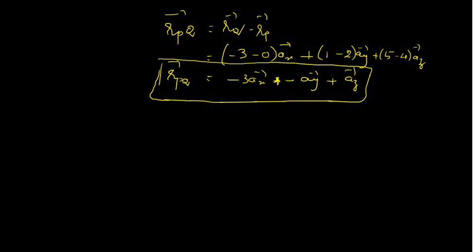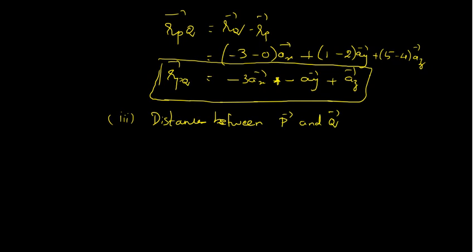So now we can move on to the second one, that is the distance between P and Q. For that, after finding this distance vector, take the modulus of this, then you will get the magnitude of that, so we can find the distance.